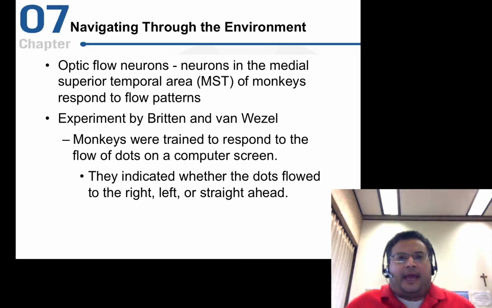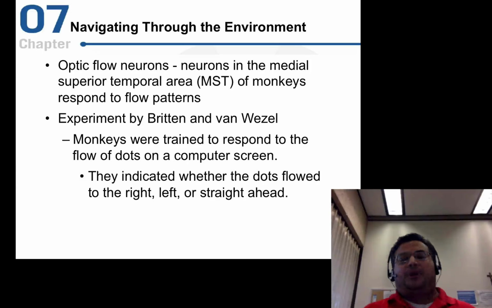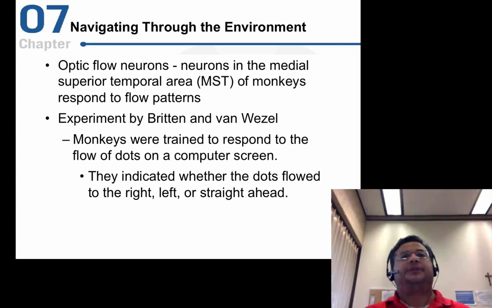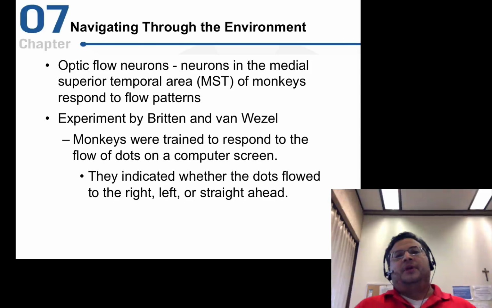Now let's look at some physiological markers, some physiological evidence for our ability to navigate through the environment. So we've actually been able to identify neurons in the medial superior temporal area of monkeys that respond to flow patterns.